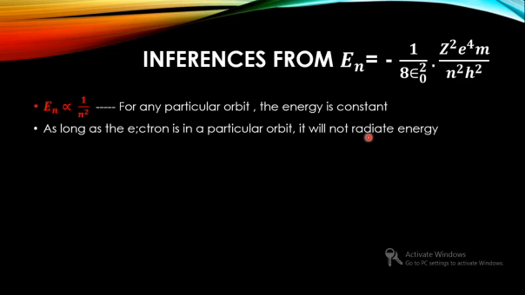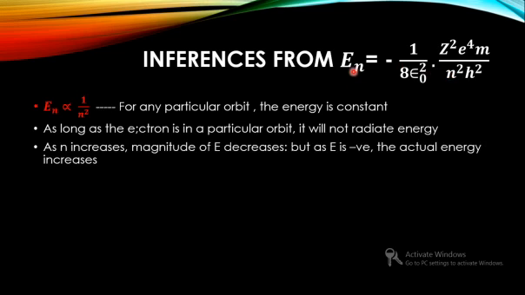extra energy or absorption. Okay, what is the other concept you can obtain from here? Anything else? What about the value of energy for higher orbits and lower orbits? Here you can see that n square is appearing in the denominator, right?